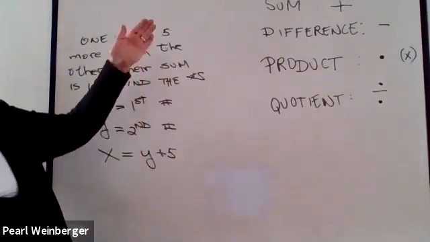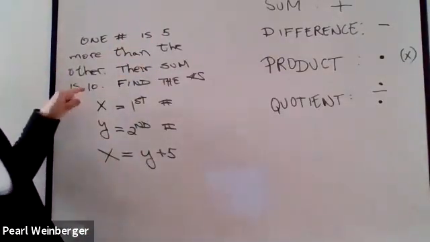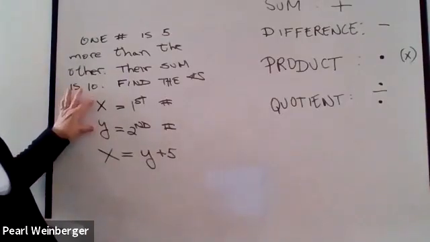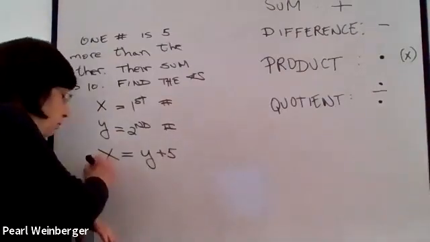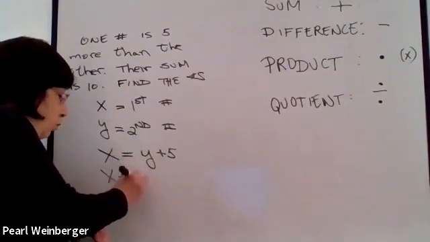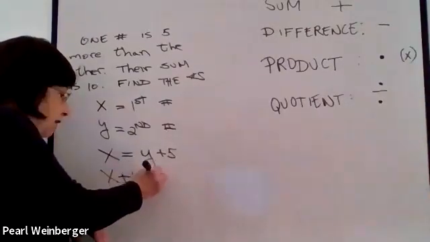Here they're saying the sum of the 2 numbers is 10. Now, what are my 2 numbers? My numbers are the X and the Y. The sum means I have to add them. So my second equation becomes x plus y equals 10.